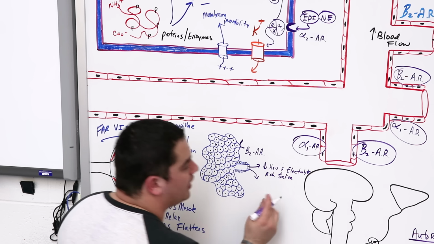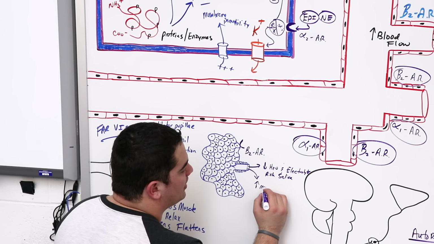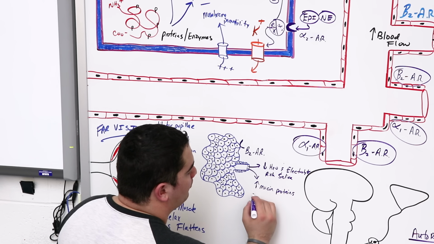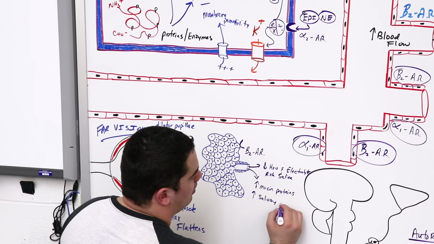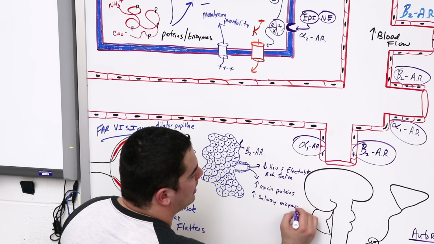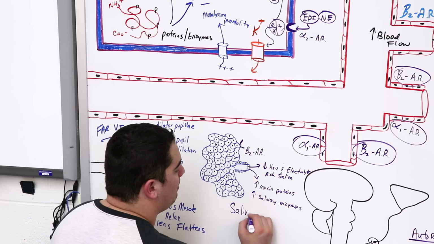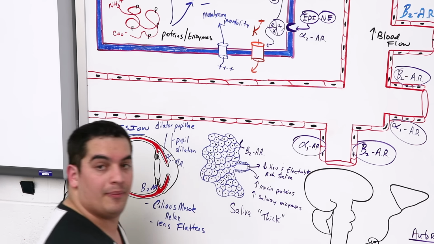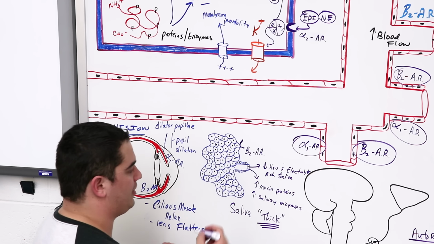So it's going to decrease the amount of water and electrolytes that are in the saliva and it's going to increase the mucin proteins and increase different types of salivary enzymes. If that's the case, then it makes the overall salivary secretion a thicker saliva, okay? So it makes the saliva really thick and really viscous.